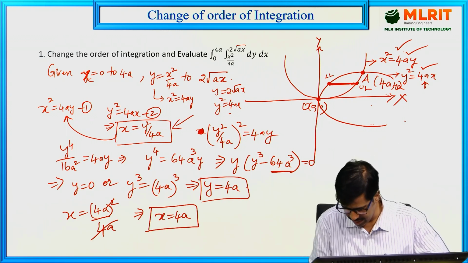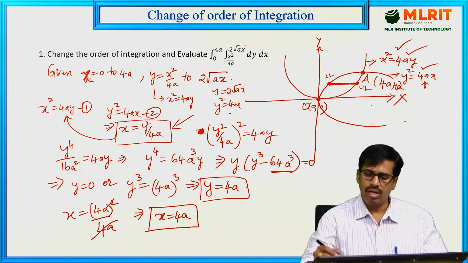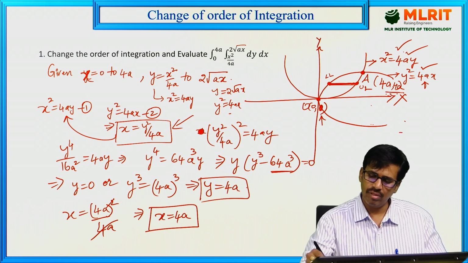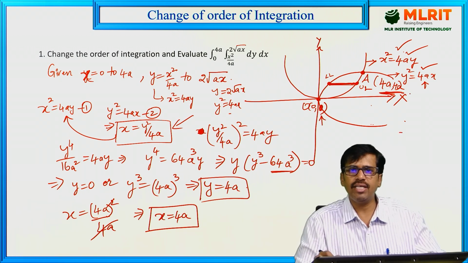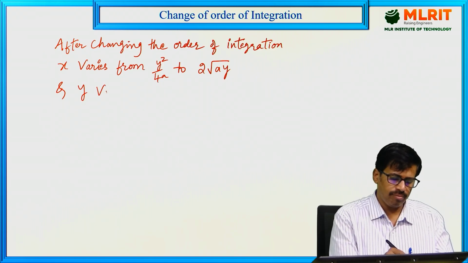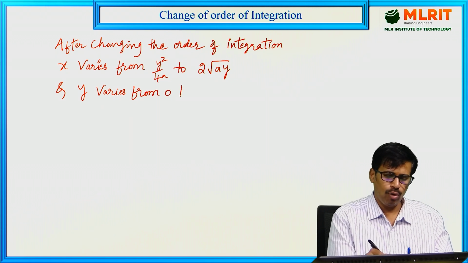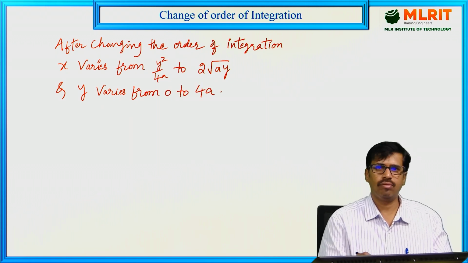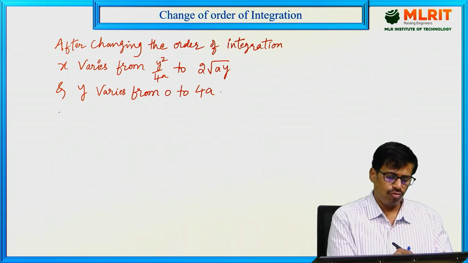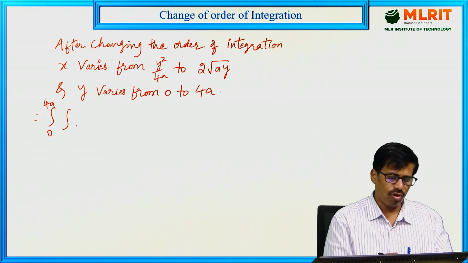We can clearly see that from the region of integration, here y coordinate is 0 and here in the point A the y coordinate is 4a, right? So y varies from 0 to 4a, right?